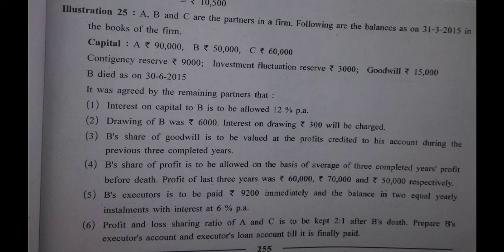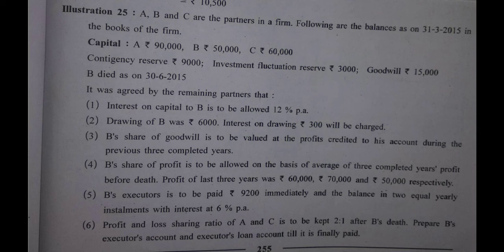B's share of goodwill is to be valued at the profits credited to his account during the previous 3 completed years. Okay, here the new value of goodwill is given in the twisted form, and third and fourth adjustment are related, as they have said that the value of goodwill depends on the profit of completed 3 previous years, and the profit of previous 3 years is given in adjustment number 4.